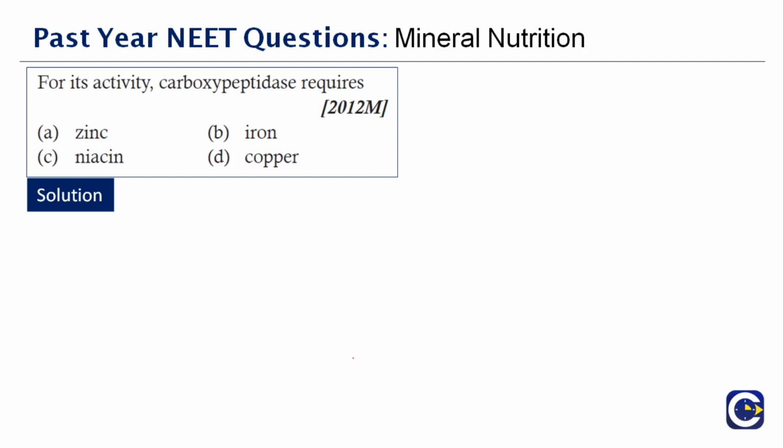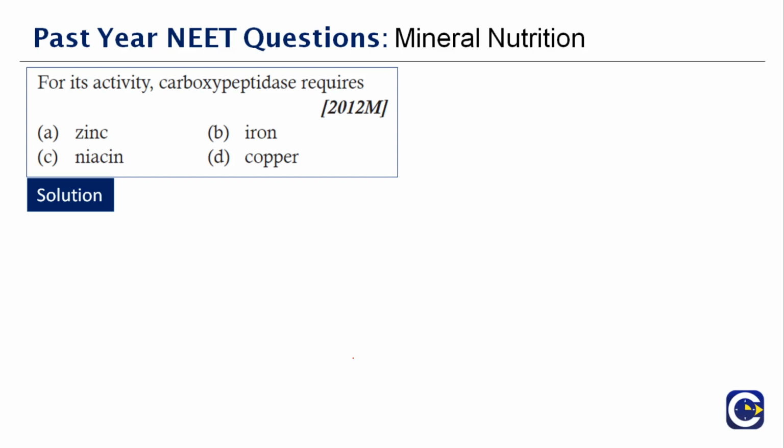This enzyme hydrolyzes the first peptide or amide bond at the carboxyl or C-terminal end of proteins and peptides. It has a stronger preference for those amino acids that have aromatic or branched hydrocarbon chains. So now you can ask me, what is the function of this? This is an enzyme synthesized in the pancreas, and the function is to hydrolyze the first peptide.